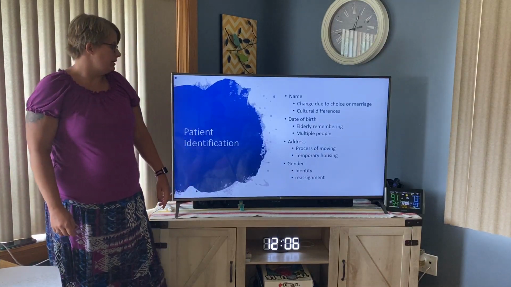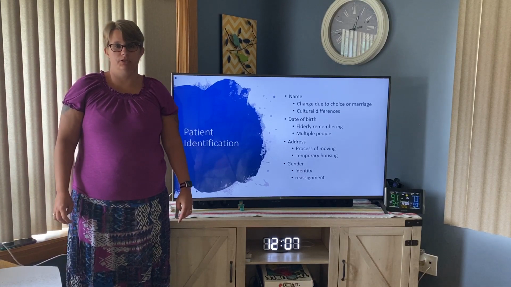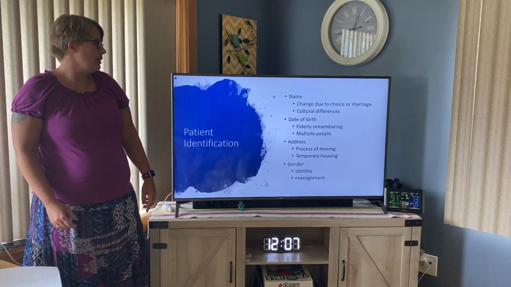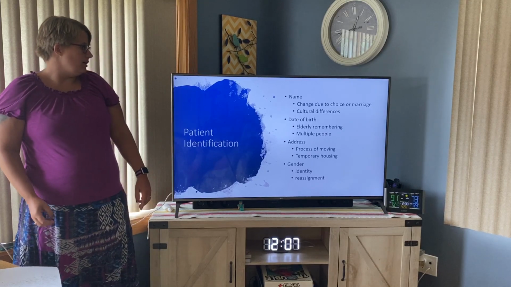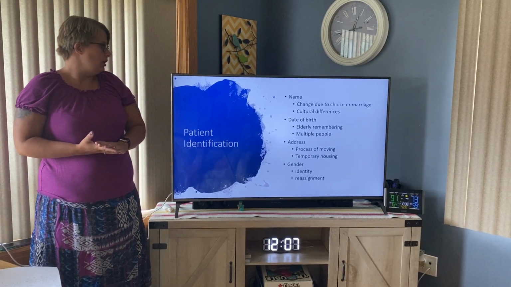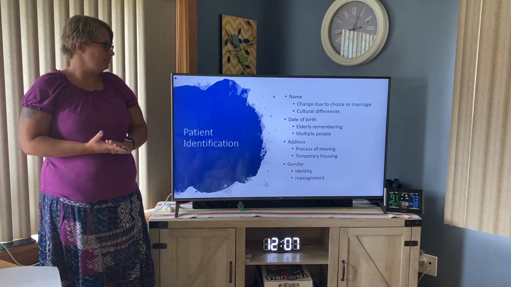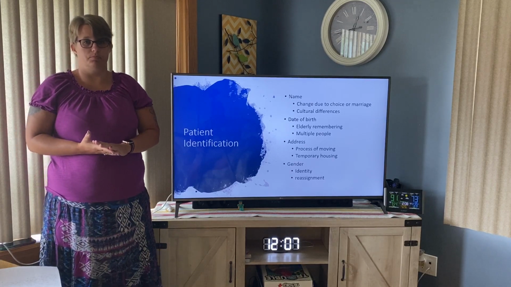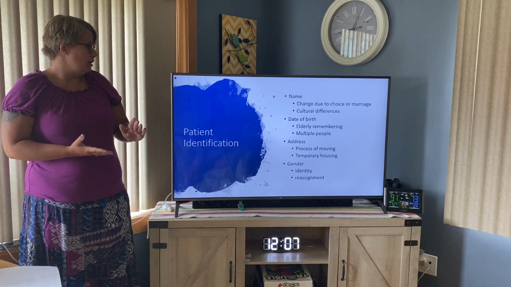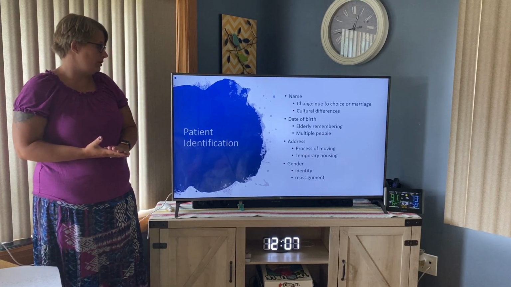There are 4 main types of patient identification that the medical field uses to identify a person. Those 4 things are name, date of birth, address, and gender. Name can pose a problem because people change their name either by marrying or by choice. Date of birth, there can be multiple people with that same date of birth.